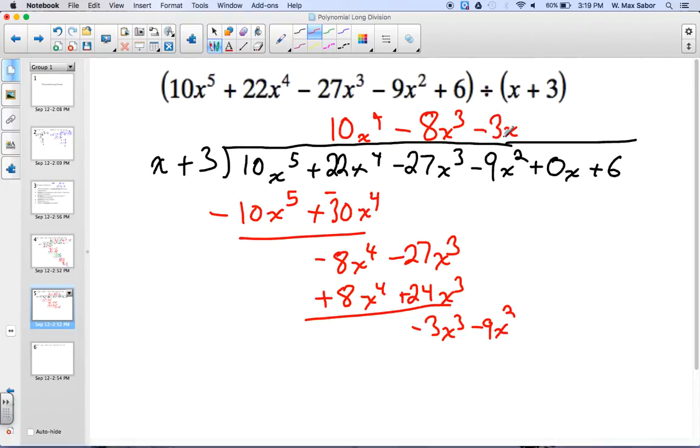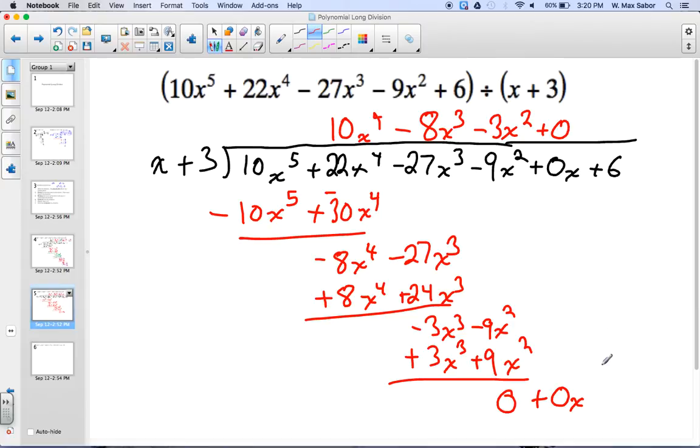Negative 3x squared, yes. Negative 3x squared times that will give me negative 3x cubed. Negative 3 times that will give me negative 9x squared. Change the signs, and then add. We're left with 0. Bring down the next term.